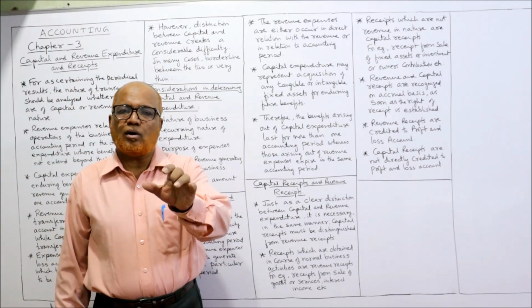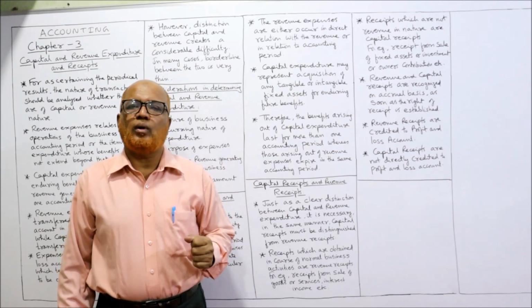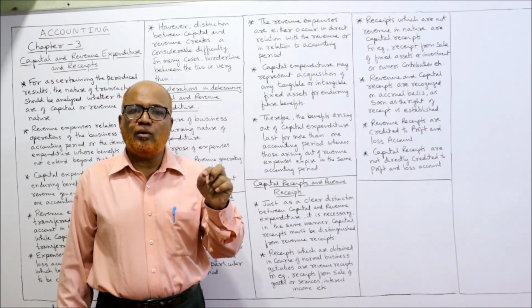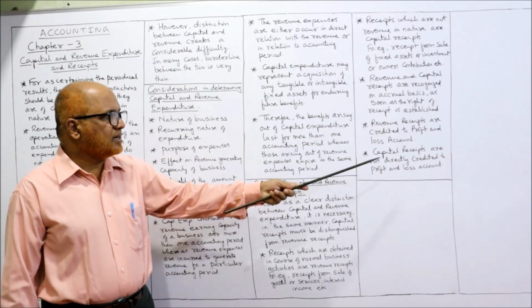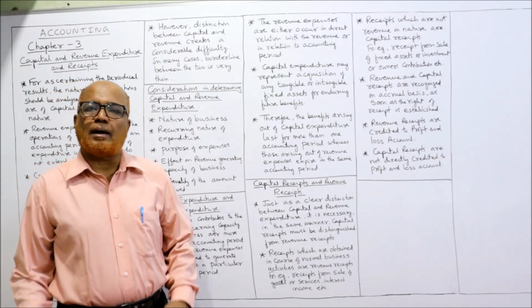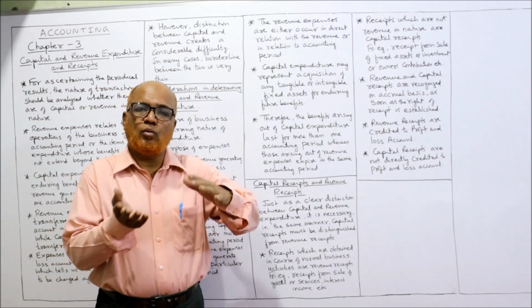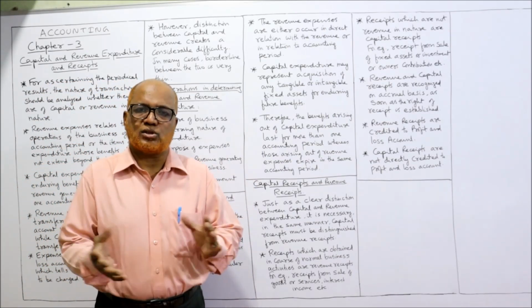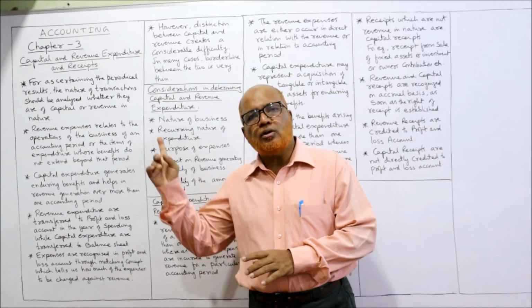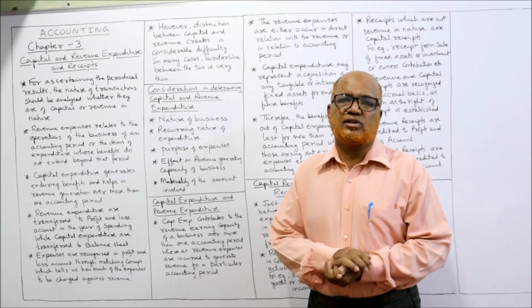In the profit and loss account, on the debit side we take revenue expenditure, and on the credit side we take revenue receipts. The capital receipts are not directly credited to the profit and loss account. The capital receipts will go to the balance sheet. That's all. So this is the end of the discussion on capital and revenue expenditure.